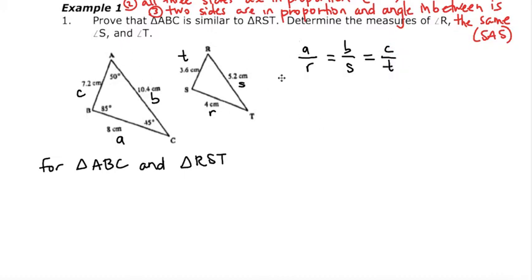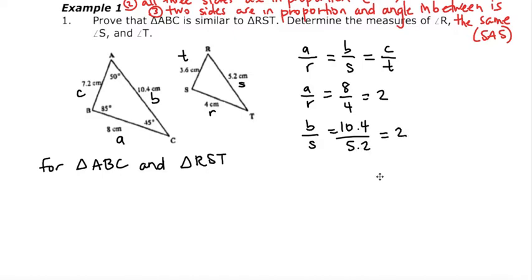So side A is 8, and side R is 4, and 8 divided by 4 is 2. Side B over S. So B is 10.4, S is 5.2, and if I divide those two, 10.4 divided by 5.2 is also 2.